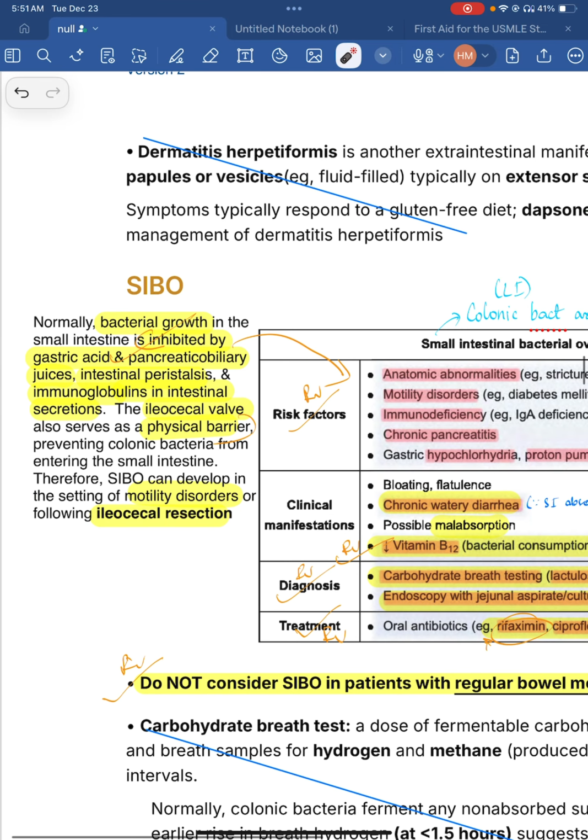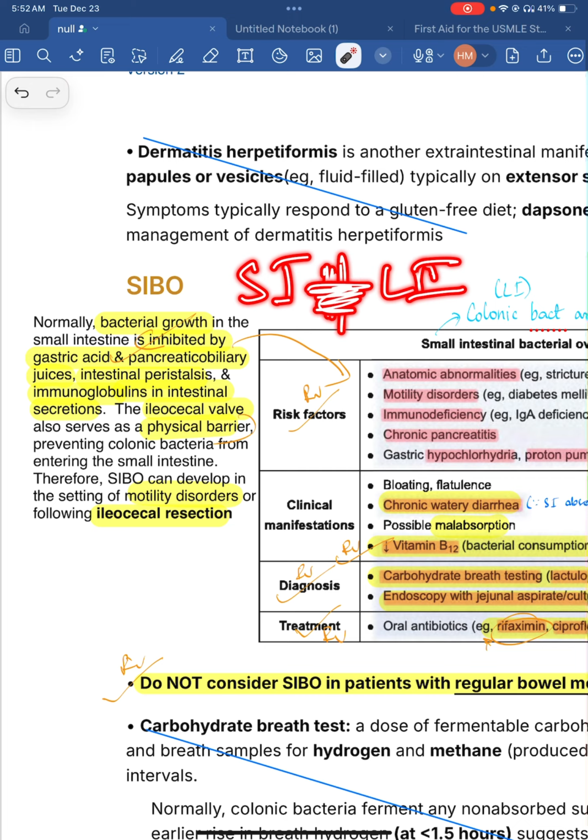So normally bacterial growth in the small intestine is inhibited by gastric acid and pancreatobiliary juices, intestinal peristalsis, and immunoglobulins in the intestinal secretion. So in the intestine you have IgA antibodies. All of these contribute to the inhibition of bacterial growth in the small intestine. The ileocecal valve is the part where your small intestine and large intestine are separated.